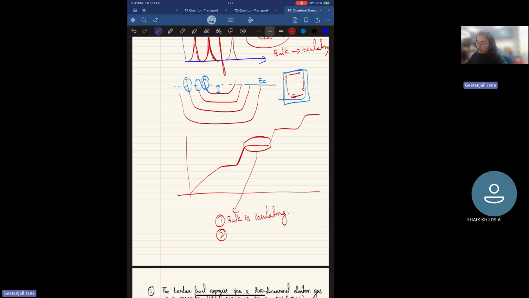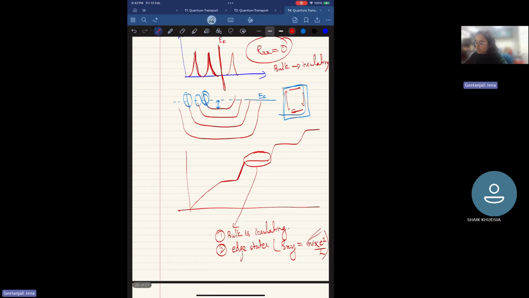And second, whatever conduction is happening, it is through the edge states. So we'll see a non-zero resistivity for the Hall, in the transverse direction. It is given as the number of edge states times e square by h. We'll see this further. And this is for the plateau region where the conduction is happening through the edge states.